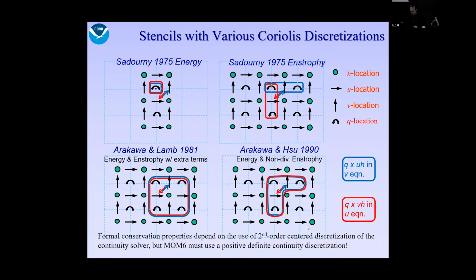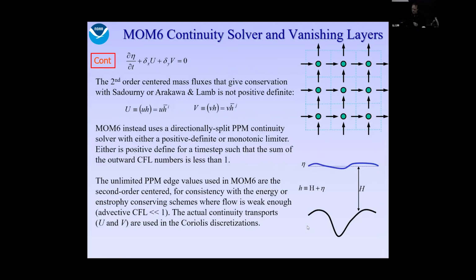Now, the challenge here is that the formal conservation properties with all of these schemes depend on the use of a second-order centered discretization of the continuity solver. However, that second-order centered continuity discretization is not positive definite.